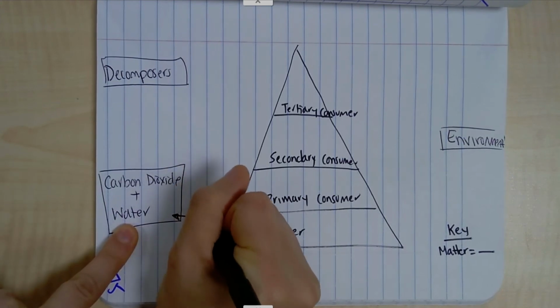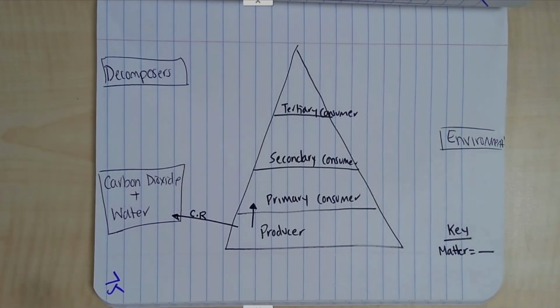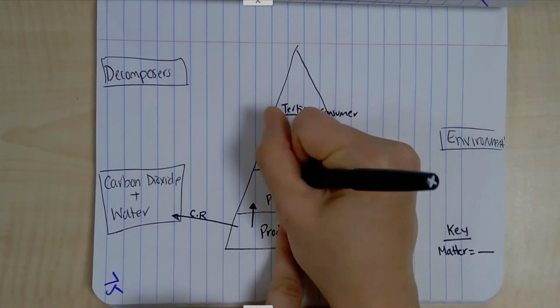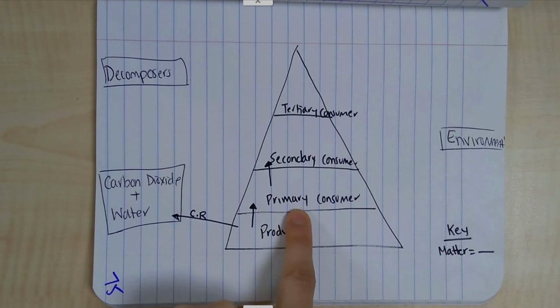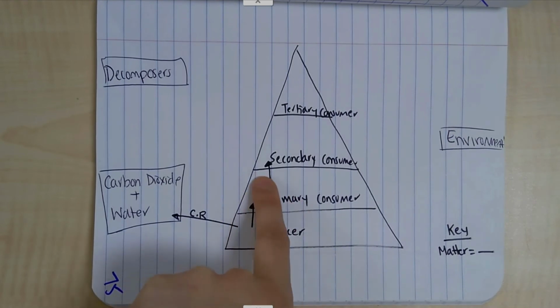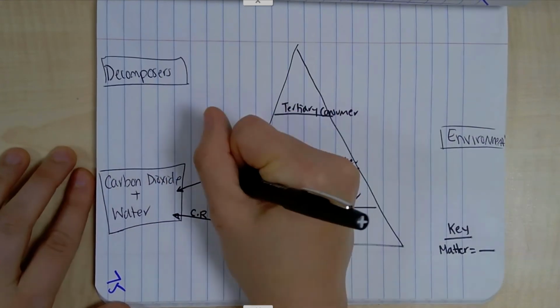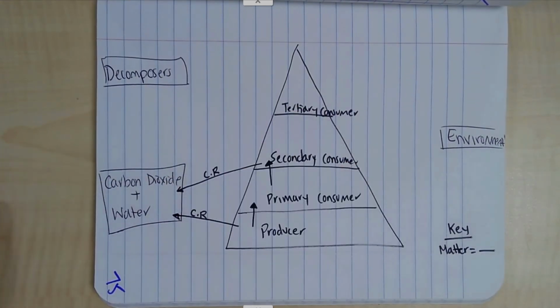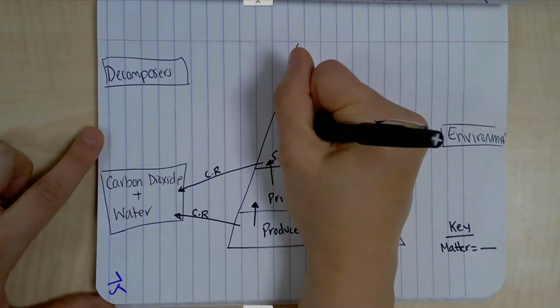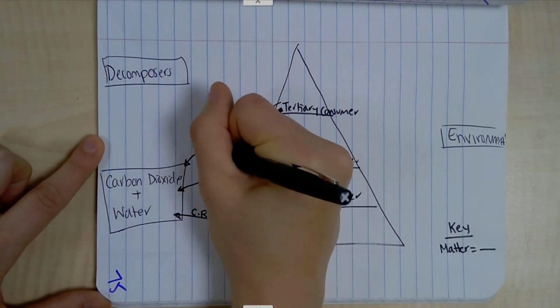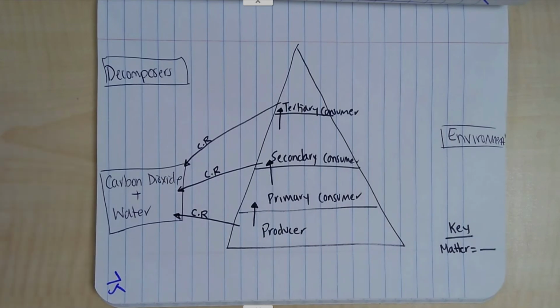So I'm just going to put CR because that'll help me remember it's our cellular respiration. The secondary consumer eats the primary consumer, but remember, when it turns that matter into energy, it releases carbon dioxide and water. That's our cellular respiration. Same thing with our tertiary consumer. And this was nothing new to what you did before.